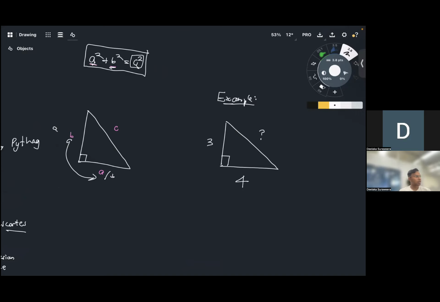You don't know what this side is. How do you find the missing side? You can call it x, by the way, if you want. If it's missing, you can give it any value.